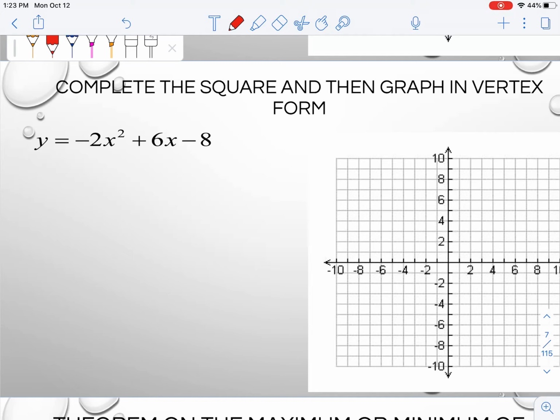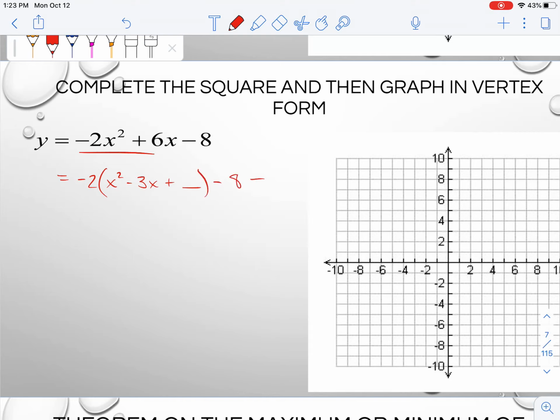I have y equals -2x squared plus 6x and -8. Now, I could complete the square here, right? And I'm not going to do it, but let me set it up as if I were going to. I would have to factor a -2 out of these first 2 terms. So I would have -2 times x squared minus 3x plus some blank minus 8.